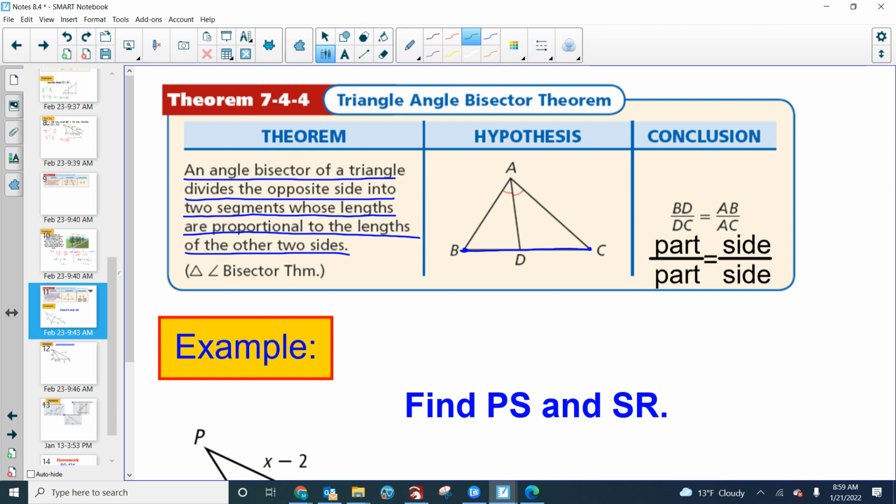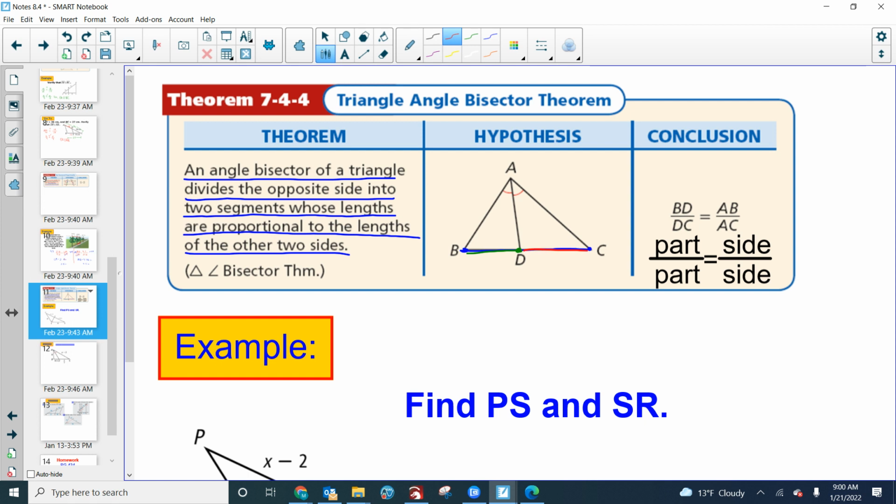The angle that's being bisected, the angle bisector, divides the opposite side, BC, into two parts. Can you all see it? BD and DC.